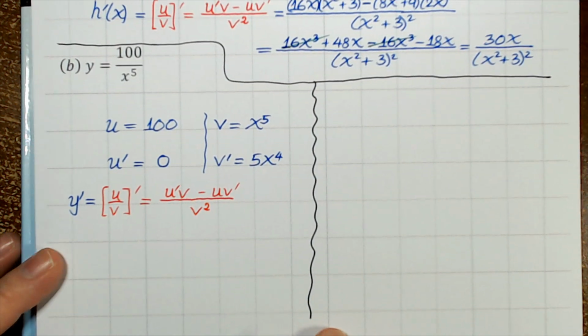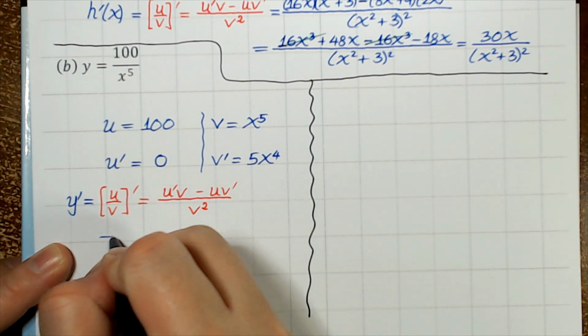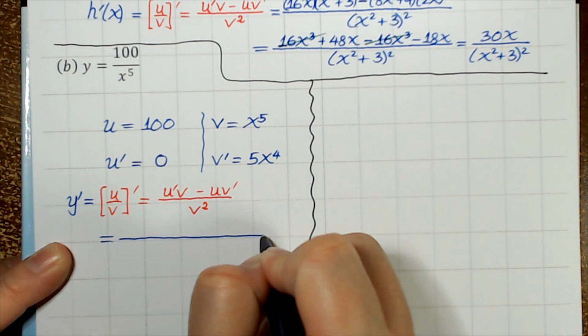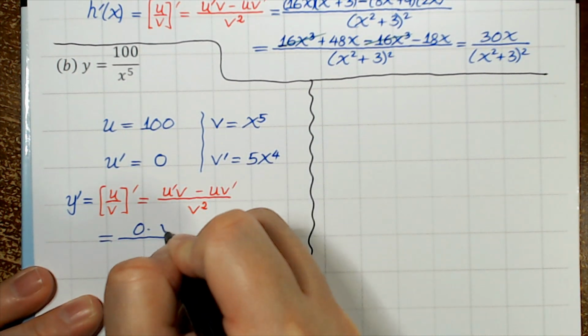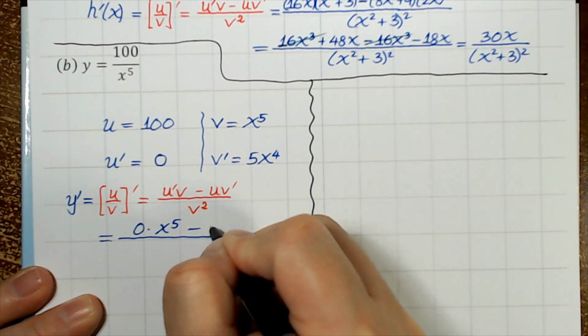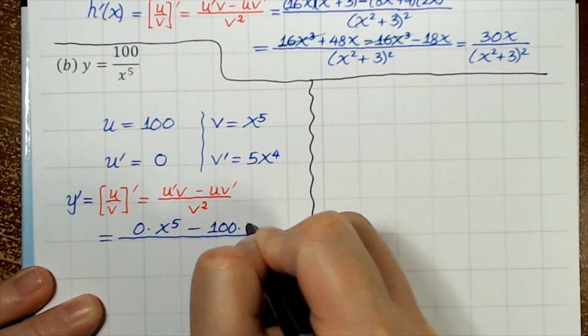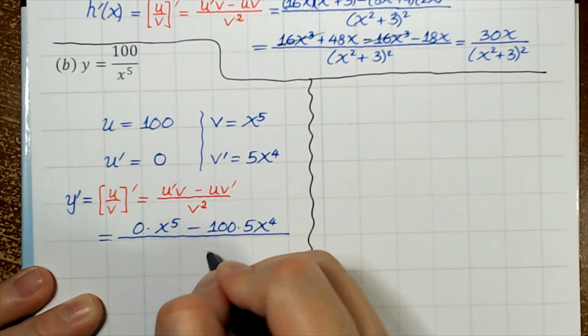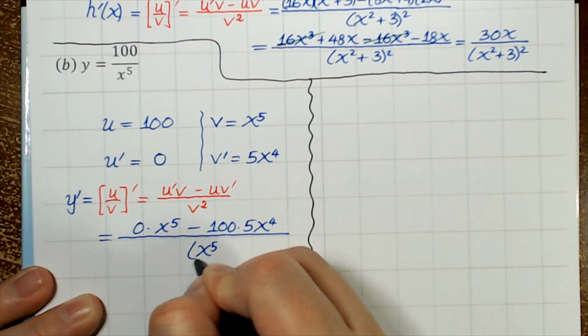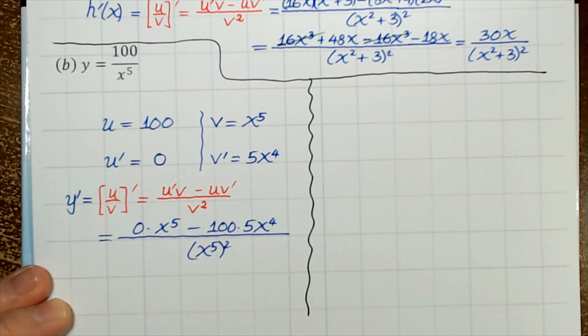I put in everything we have. 0 times x to the 5th minus 100 times 5x to the 4th, over v squared. This is v, x to the 5th, squared.